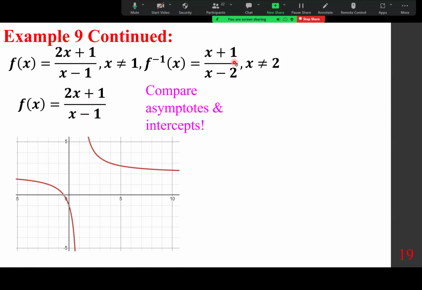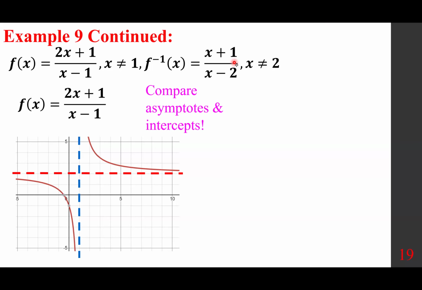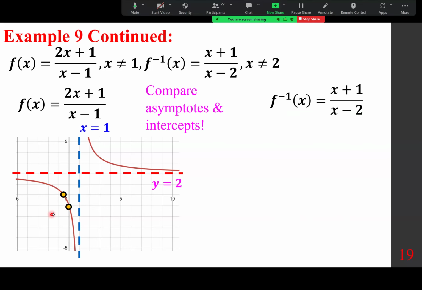So if you look at this graph, it has the horizontal asymptote y equals 2, vertical asymptote x equals 1. And if you look at these 2 points, the intercepts, when you set y equal to 0, that means a fraction is 0 when the top is 0, x becomes negative 1/2.